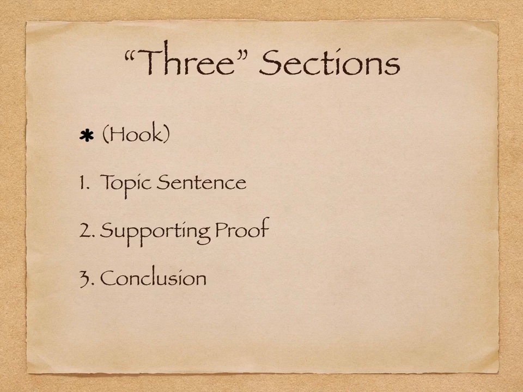So let's review. When you do your answer, when you're writing it, you're planning it, whether it's in your head and you're about to speak it, or it's on paper, you're writing it, you need your 3 sections, maybe your bonus. If you can, come up with a hook. Then a very clear, concise, and short topic sentence.